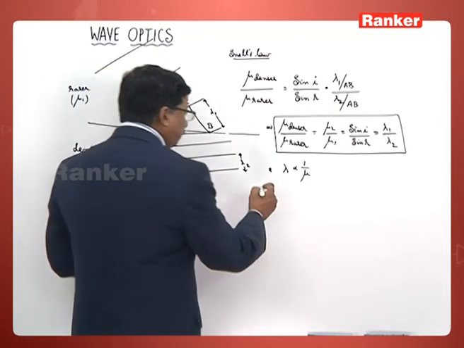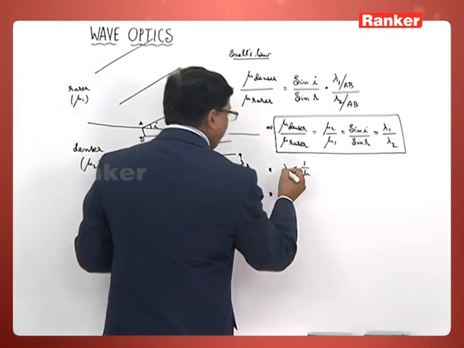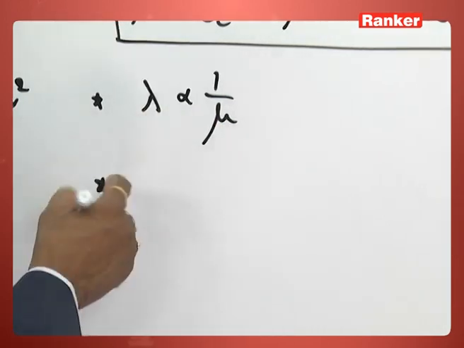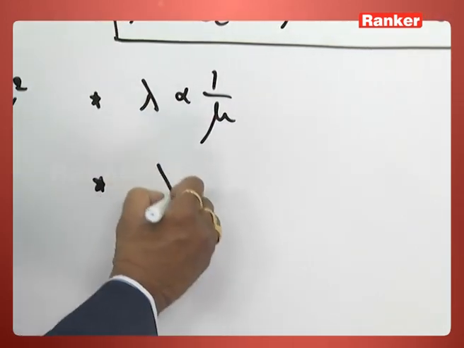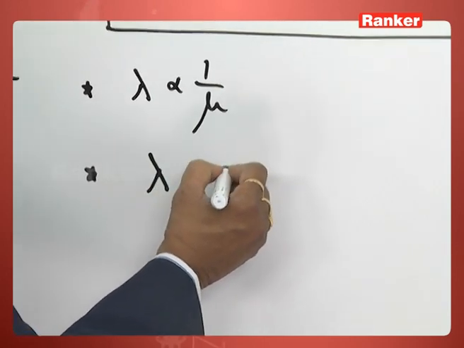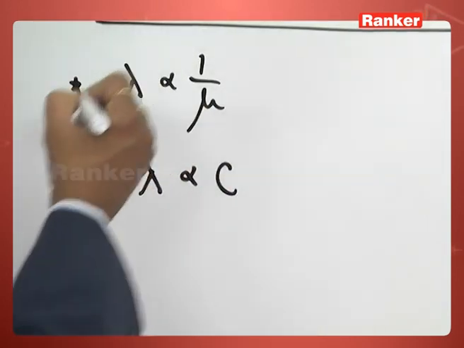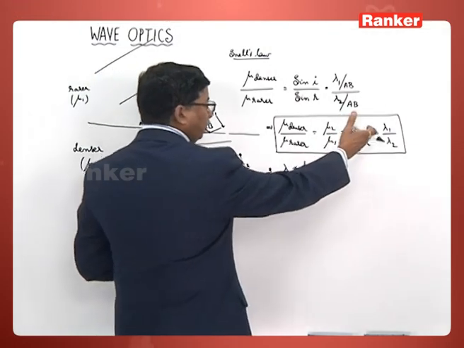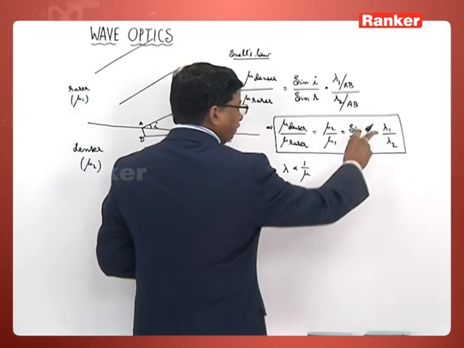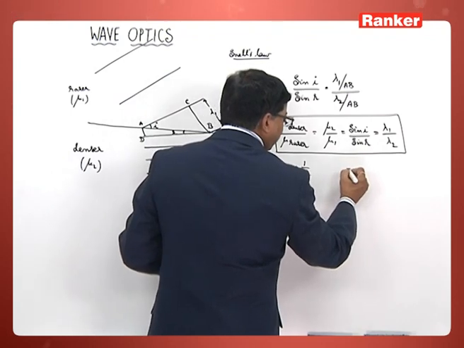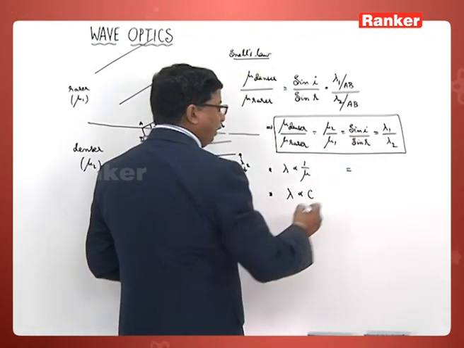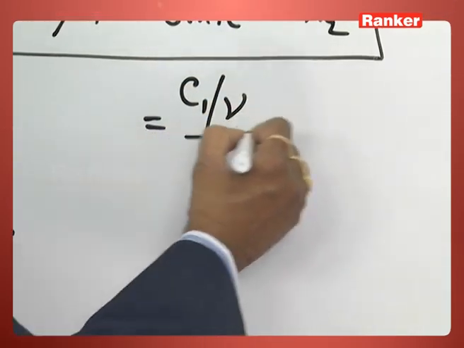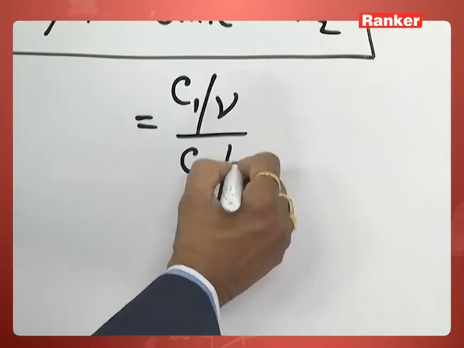And what is the second observation? The value of lambda is inversely proportional to mu, and the value of lambda is directly proportional to the velocity of light in that medium. You can also understand this here. Lambda 1 you can rewrite as C1 by nu, and lambda 2 as C2 by nu.